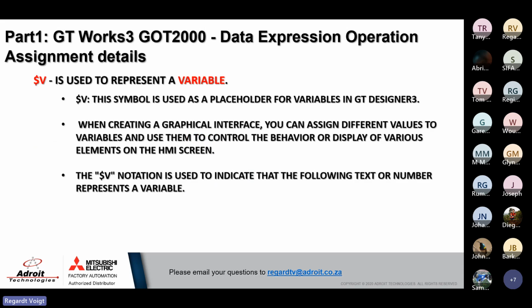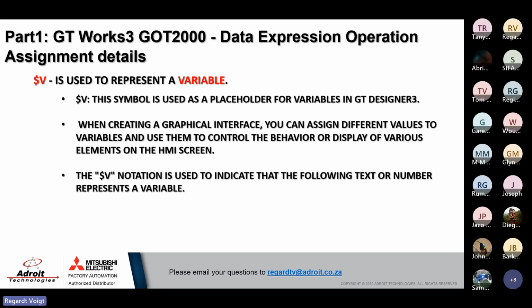Then the $V, so this will typically be your variable. So V here would be the same as VO1, VO2, etc. in your Adroit expression. So this will be just a V for your GT Designer expressions that you can use in that regard.